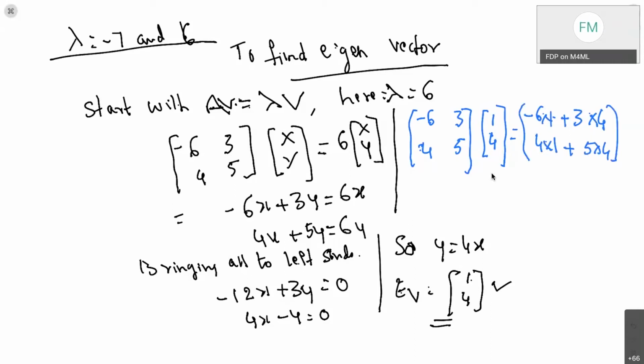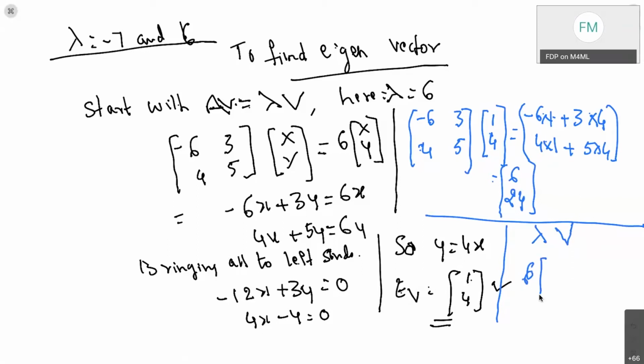Okay, so that is 6 and 24. If you take lambda v now, so 6, 4, 6, 24, you can see this.